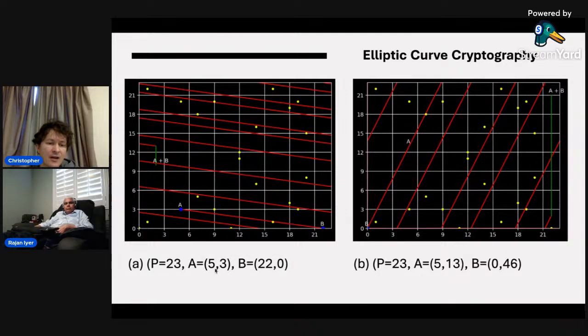So if A starts at coordinates 5, 3 and B is 22, 0, A plus B will be this point here, which looks to be about 13, 2. And we can see the windings here and the windings here.